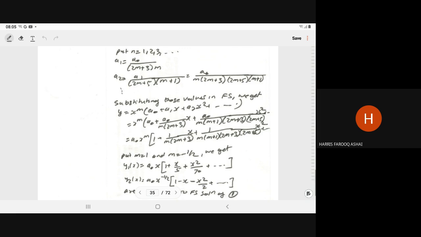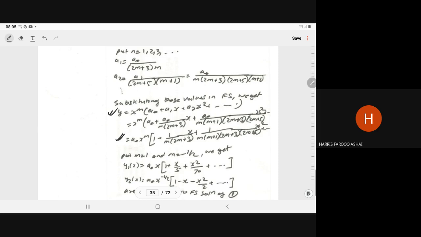Substituting this value in the Frobenius series, because the Frobenius series is a naught summation a n x to power m plus n, so x to power m you can take common, and in the bracket we have a naught plus a1x plus a2x square, and so on. When we put the values of a naught, a1, a2, and so on, you will get the Frobenius series solution.